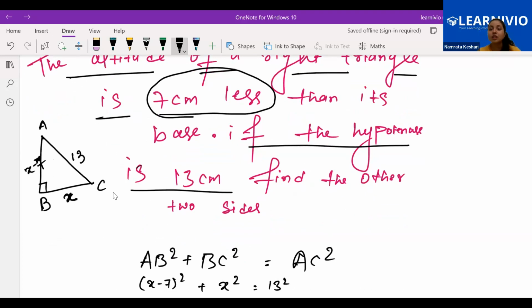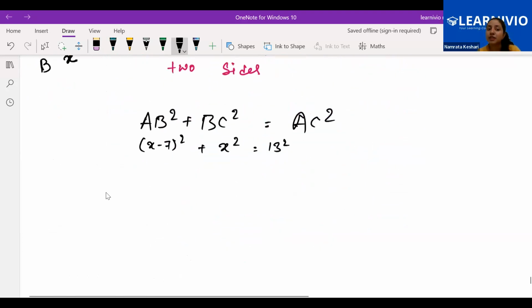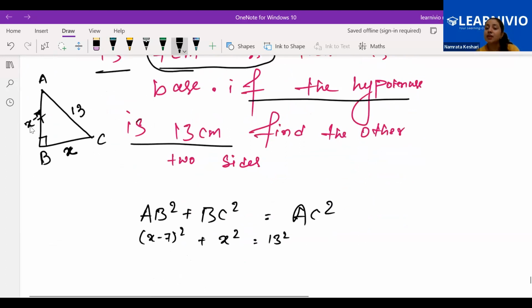BC means x, which we will already get after solving it. And AB we will be getting after subtracting 7 from x. So for whatever two x values you are getting, you will be finding AB separately for each. Okay, and that will be your final answer. Get it?